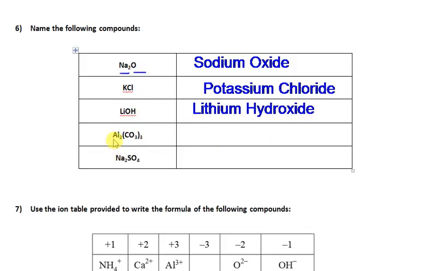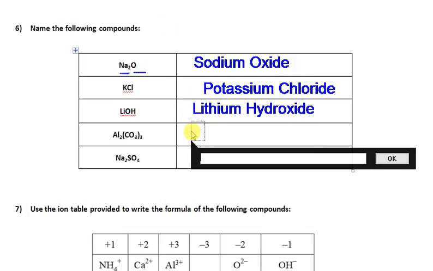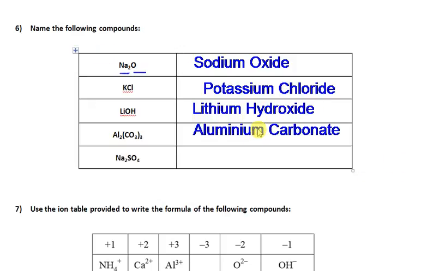The next one, we've got aluminium. Now the brackets and the numbers don't matter for the naming. You've just got to look at what's in there. So we've got aluminium, carbon, and oxygen. And so in this case, it becomes aluminium carbonate. Now, this is quite typical of compounds like this.